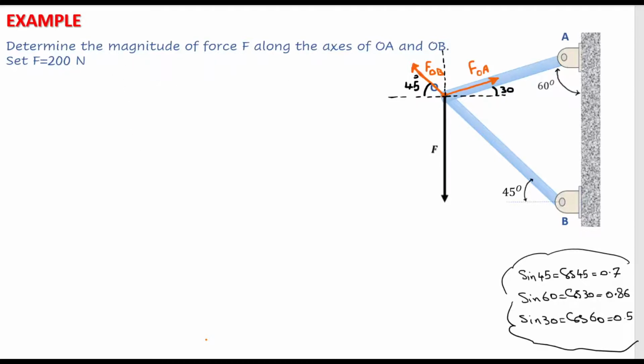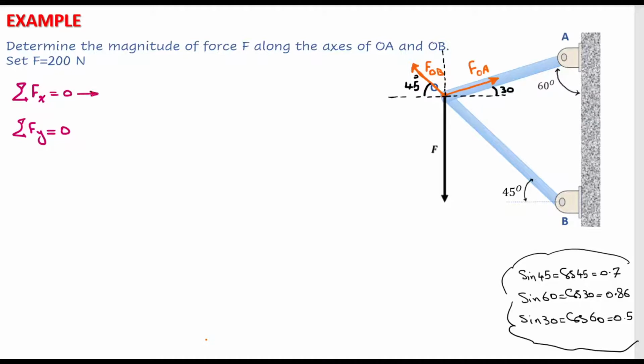So now FOA and FOB, let's write the equations. Sigma F along the x-axis should be equal to 0, and sigma F along the y-axis also has to be equal to 0 because the structure is not moving, we don't have acceleration, and it is in a static situation. So let's write the equations.